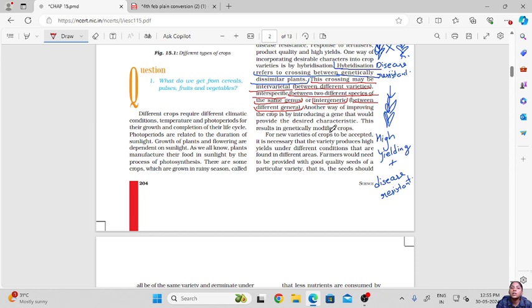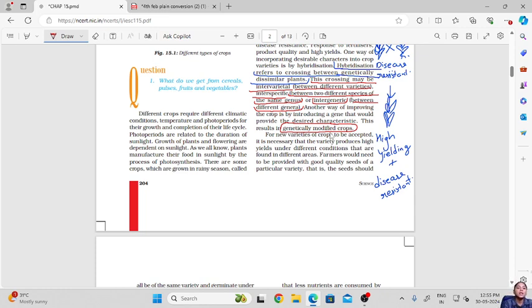Then another way of improving crop is by introducing a gene that would provide a desirable characteristic. Now this would result in genetically modified crops. As I had already said, sometimes GMO seeds or genetically modified seeds are used.